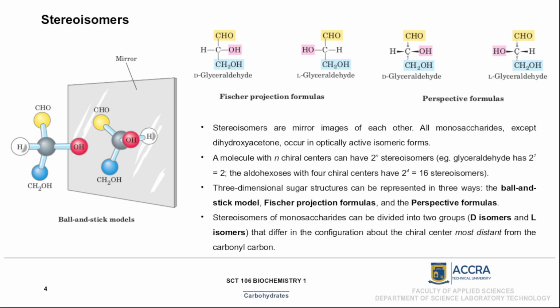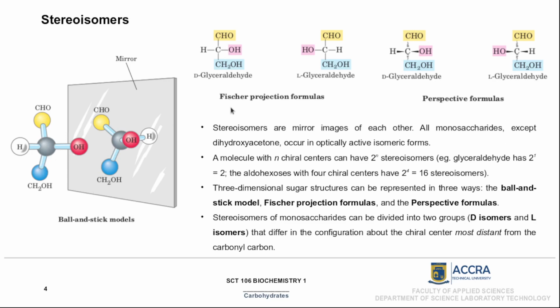If you take yourself as the molecule and your image as an isomer of yourself, both of you are stereoisomers. Now, stereoisomers are represented with the ball and stick models. This shows the real configuration of the atoms, the groups in the molecule.